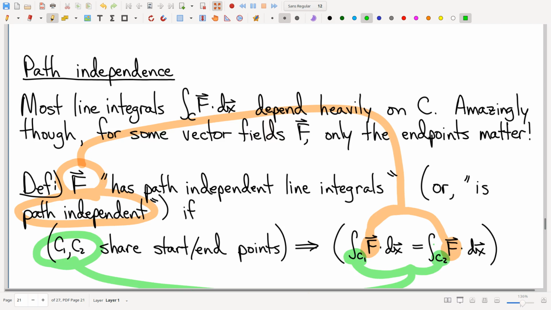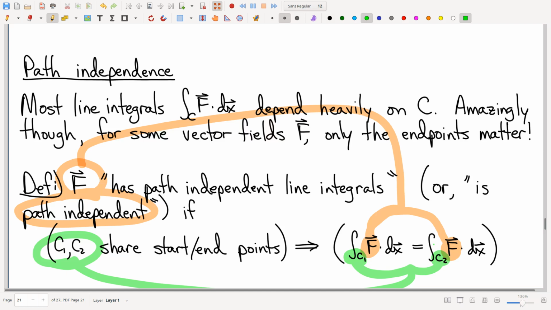And it's just shocking. It's preposterous to think that this could be the case. C1 and C2, different curves. You're plugging in different points to the vector field. You're going to have different values of the field vector here versus different values of the field vector there. How could the integrals always end up being the same?